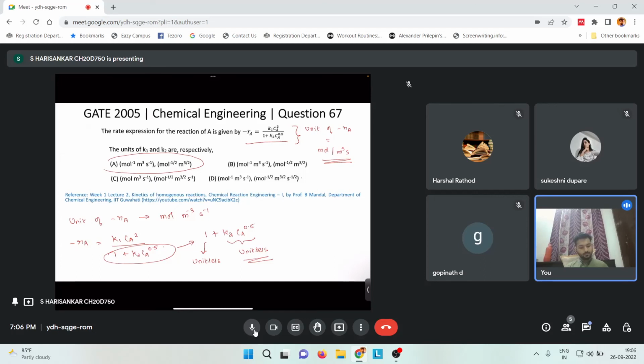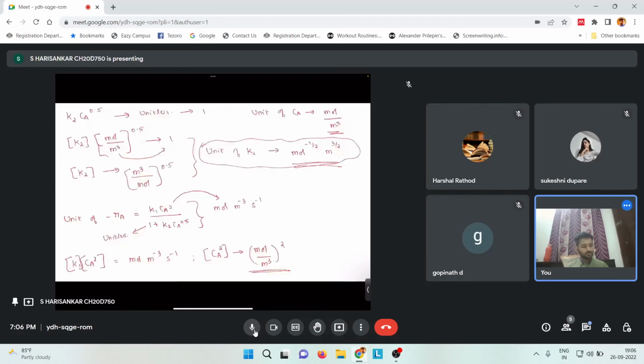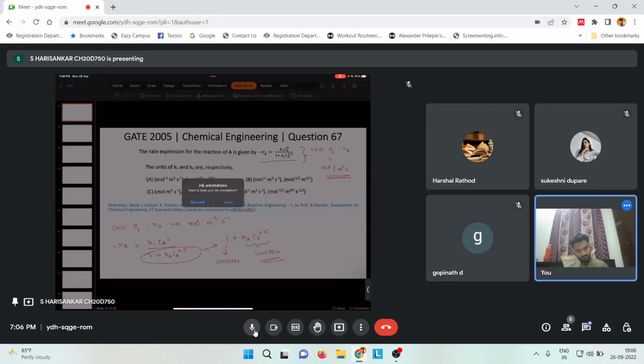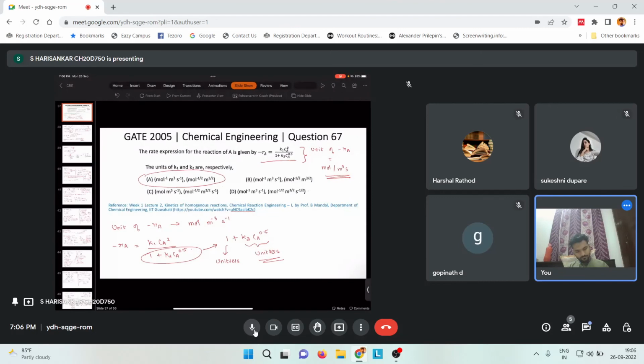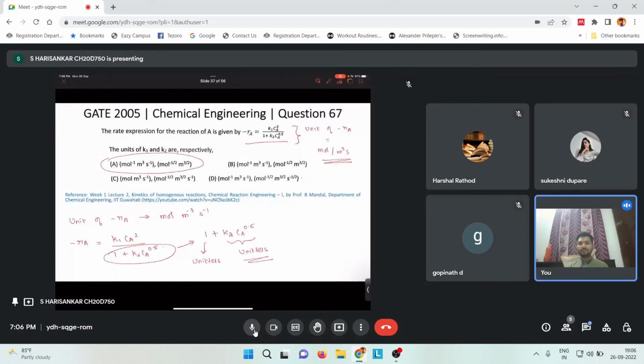From option A, K1 is mole raised to minus 1 meter cube per second inverse, and K2 was mole raised to minus 1 by 2 meter raised to 3 by 2. So option A suffices these two units. So option A is the right answer.